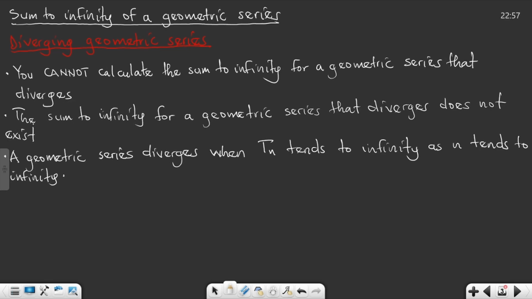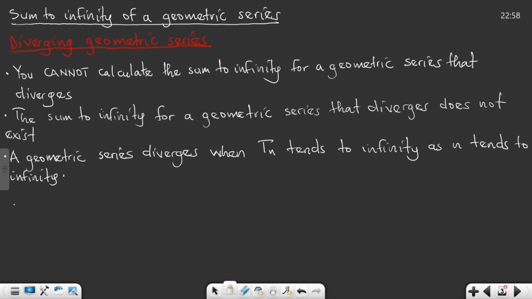And we also say that the sum to infinity for a geometric series that diverges does not exist. We'll see that a geometric series diverges when Tn tends to infinity as n tends to infinity. So n is approaching infinity, and Tn is approaching infinity.